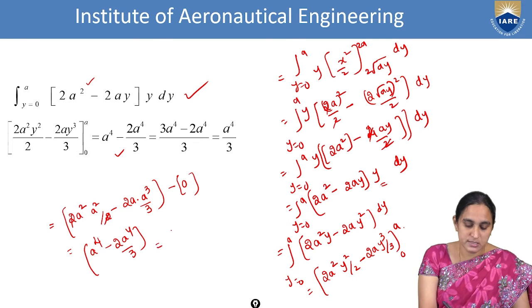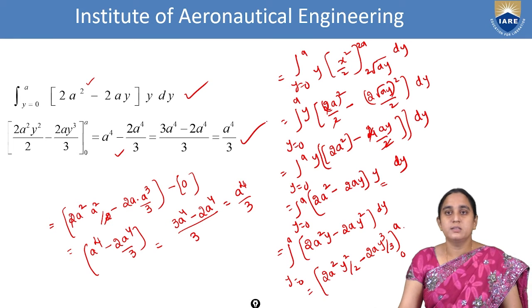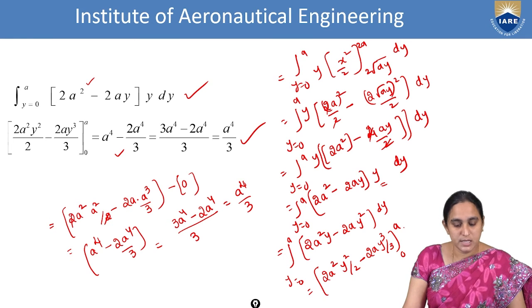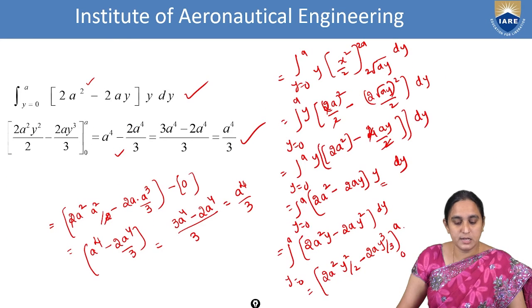Now I am taking the LCM, that is 3, so 3a⁴ minus 2a⁴ by 3, which is equal to a⁴/3. This is the solution for the second question, the double integral of xy dx dy.